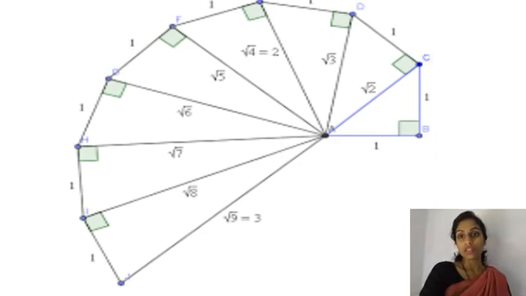Look into this first triangle. It is a right angle triangle with sides 1 unit as a base, 1 unit as the altitude and root 2 as the hypotenuse. Then, what is the perimeter of that triangle?